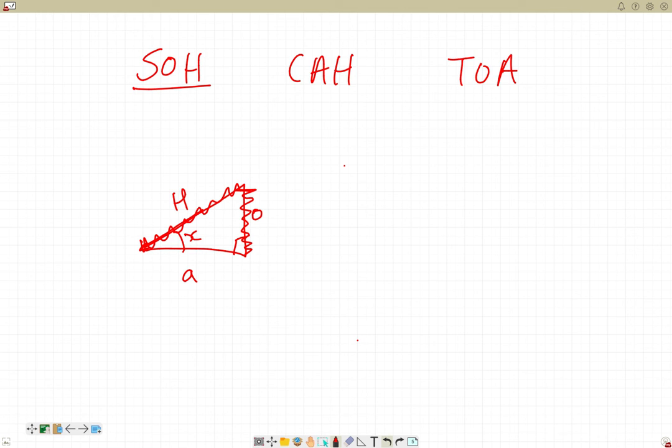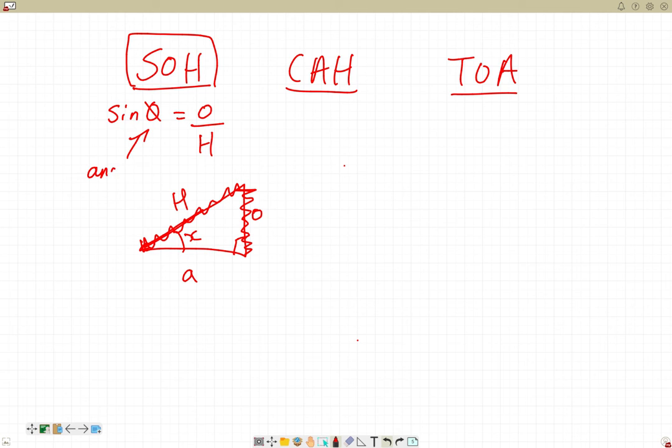So then you know you need to use this formula. SOHCAHTOA is a way of remembering the formulas you need to use. The formula for SOH is sine theta equals opposite over hypotenuse. Theta is your angle, opposite will be whatever's on your opposite side, and hypotenuse will be whatever is on your hypotenuse side.